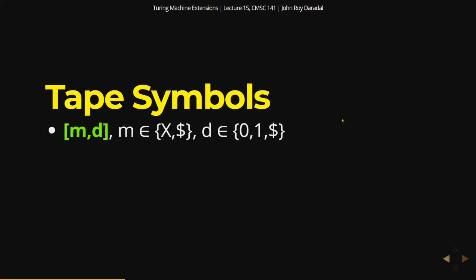And then for the tape symbols, since we will have a data track and a marking track, it will look like this. It's M and then D, where M is the marking, so it's either X or a blank, and D is the data, so it's either 0, 1, or a blank. Since it's a binary string, it only has zeros and ones or blanks.